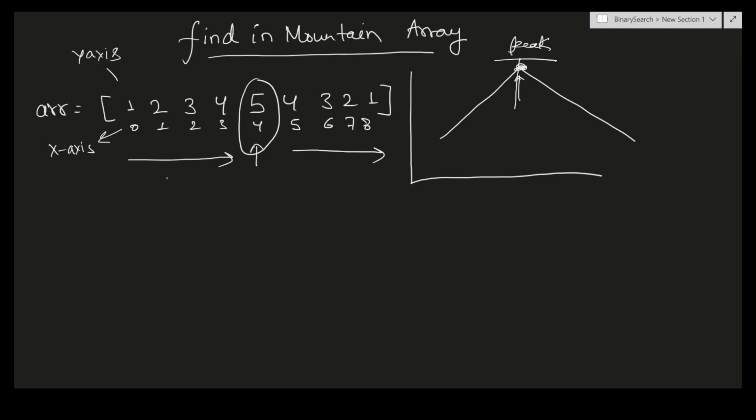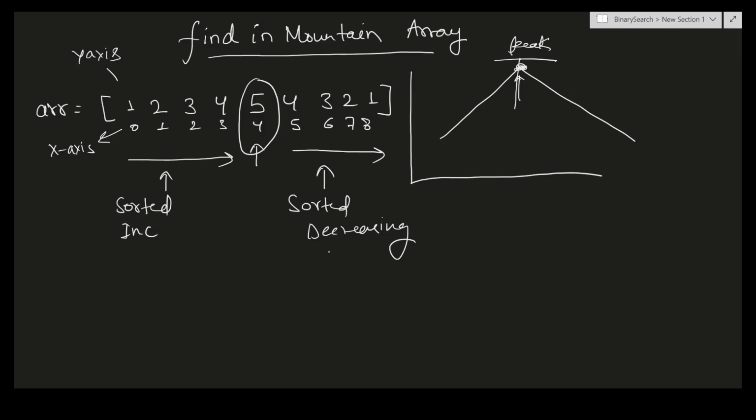We can use binary search here, and we can use binary search here. This part is sorted in increasing order, and this part is sorted in decreasing order. Okay, we can find the element and then return it.